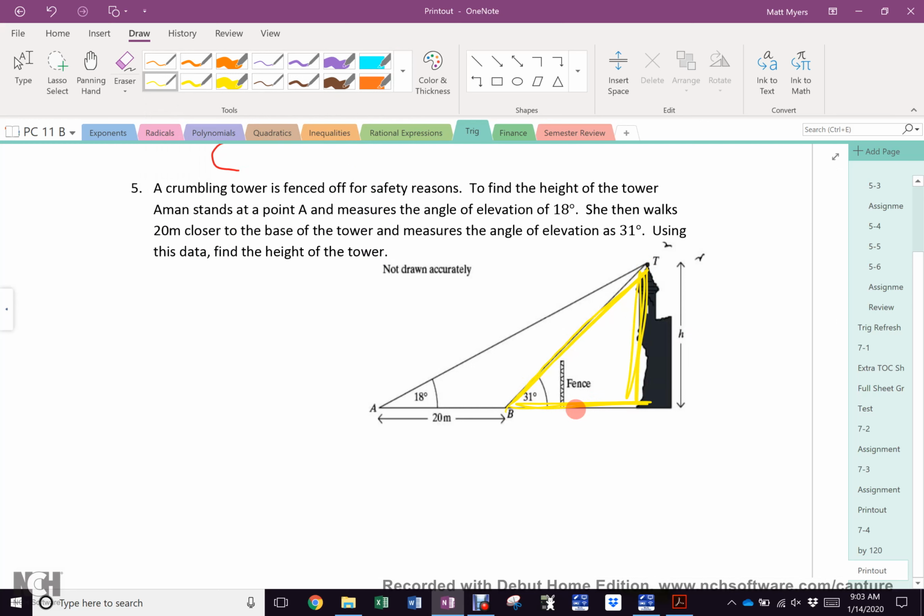In that yellow triangle, do I have 2 pieces of information? I do not. So I am forced to use this purple triangle where I can get information, can't I? Now, I have 2 pieces of information about the purple triangle, don't I?